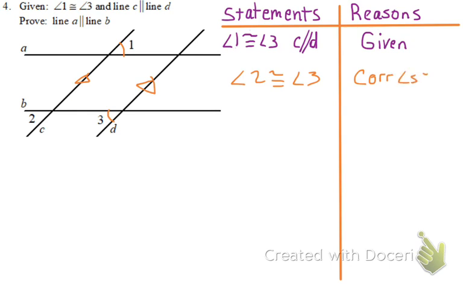So these corresponding angles are congruent because of the parallel lines. Now using substitution, we can say angle 1 is congruent to angle 2. Now that we have angle 1 and angle 2 congruent, we can say line A is parallel to line B because alternate exterior angles are congruent.